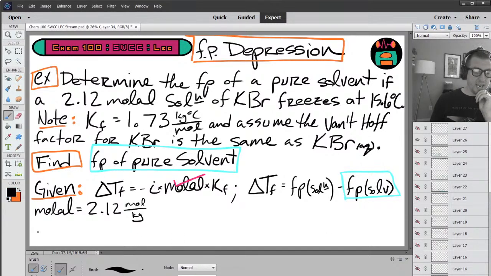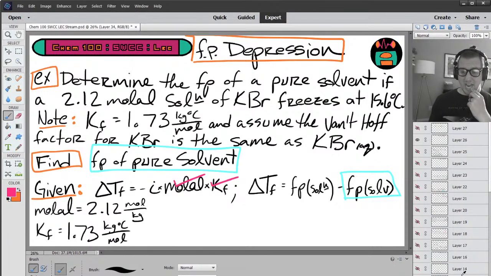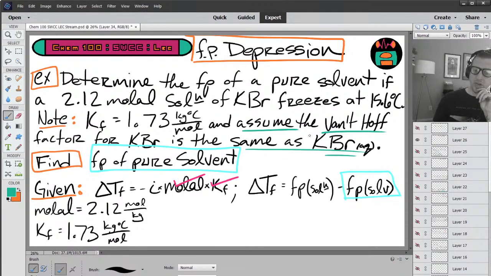We're also given Kf, 1.73 kilograms degrees Celsius per mole. We're also given, actually, the Vant Hoff factor. We're told to assume the Vant Hoff factor is the same as KBr. Well, KBr has 1 potassium and 1 bromide, so the Vant Hoff factor is 2.